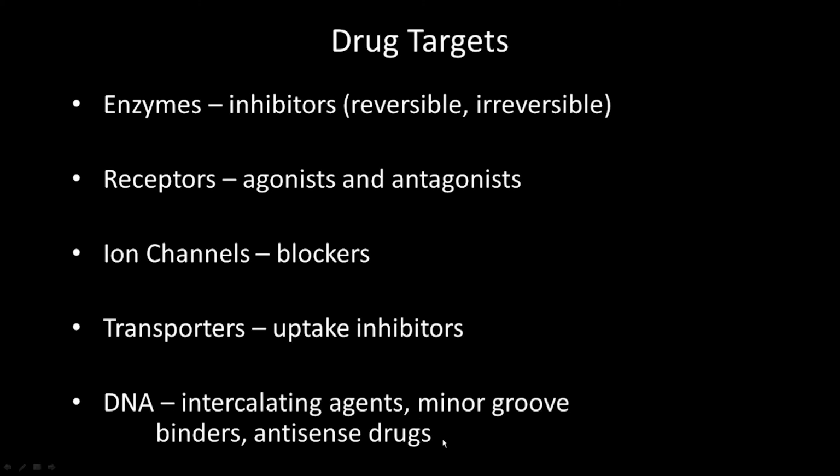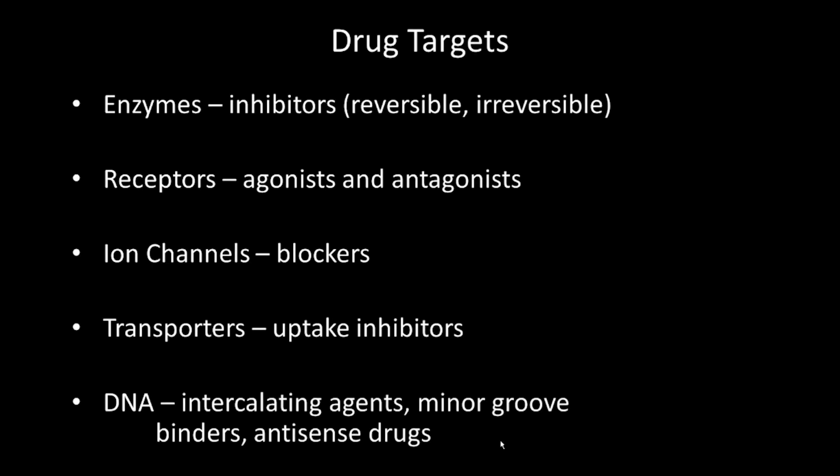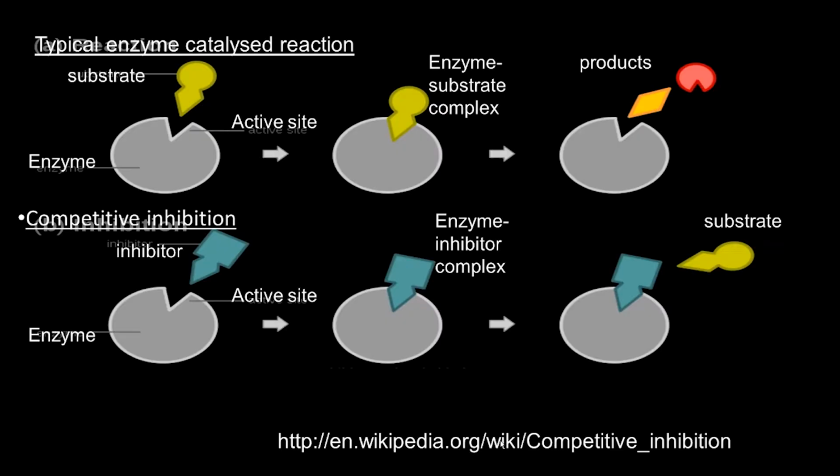So depending upon the target, you call your drug an inhibitor, agonist, blocker, uptake inhibitor, intercalating agent, or minor groove binder and so on. If you look at the enzyme, you could have competitive inhibition, non-competitive inhibition, allosteric inhibition and so on.